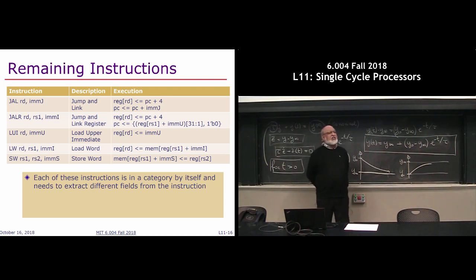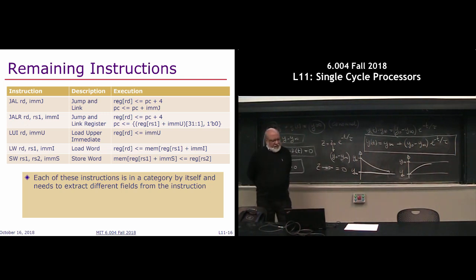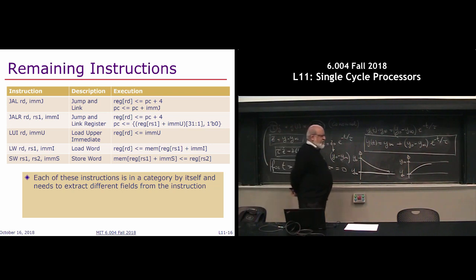So let's put them each in its own category, because they all have different encodings. These instructions are jump and link through register, load and store instructions, and LUI, and this instruction was discussed quite a lot earlier. So these instructions are in a category by themselves.